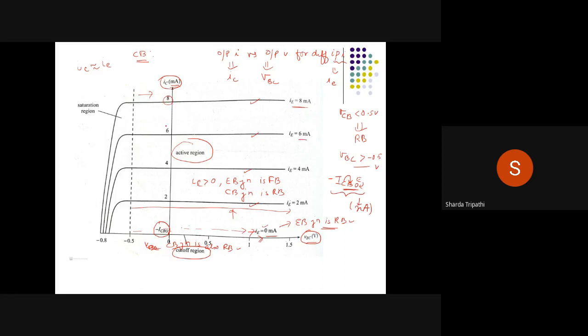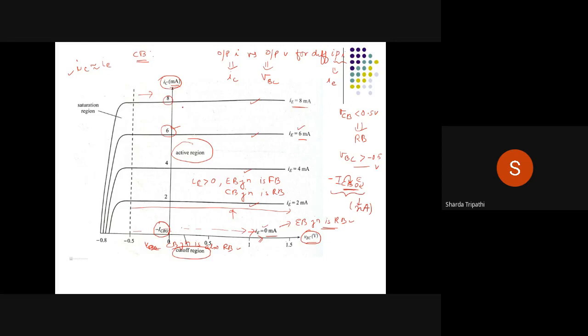Here this is 6, correspondingly IC is also 6. It's not that we have drawn and labeled it like this. When you experimentally do the things and plot the graph based on the observations, you will see that for this value of IE you will get this value of IC and vice versa. So this is how we confirm that in the active region, IC is approximately the same as IE.